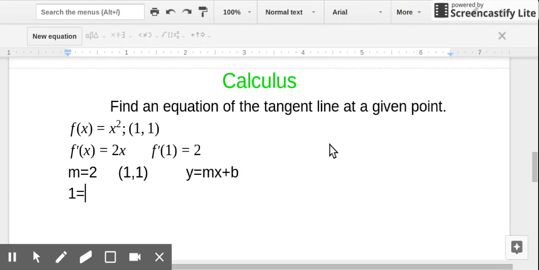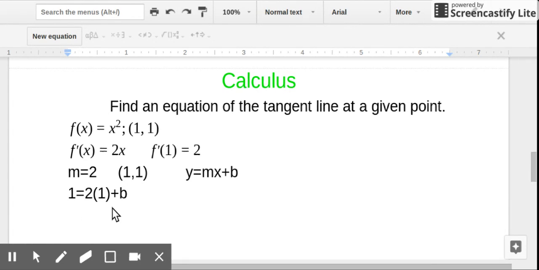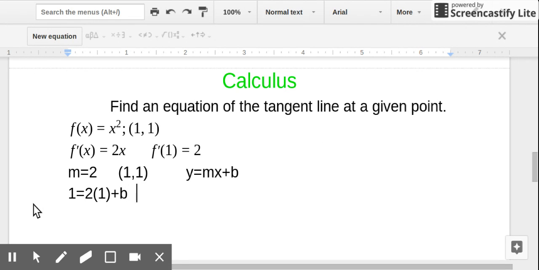So we have 1 is our y, our slope is 2, and our x, we'll put that in parentheses, plus b. So in this equation we've got to solve for b. Let's rewrite and simplify this down.